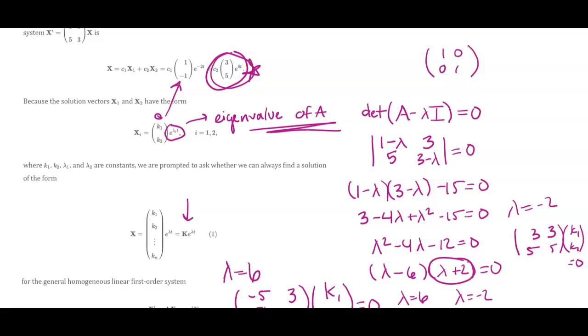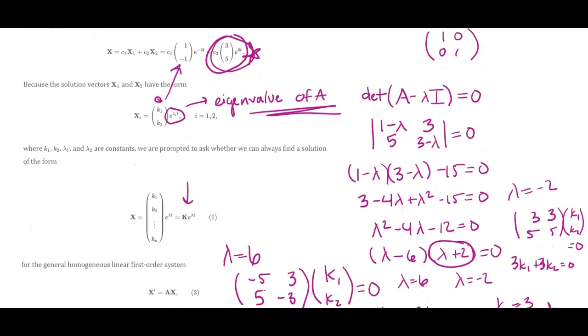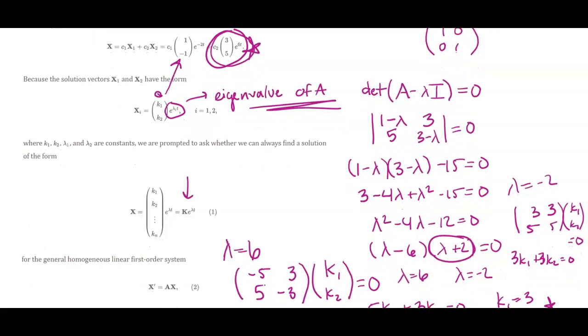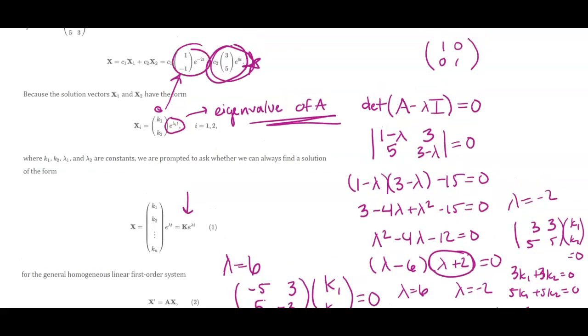So 3 K1 plus 3 K2 is 0. That's only true if K1 and K2 are the same number, but one is positive and one is negative. And if you notice, we have that right here in the solution.